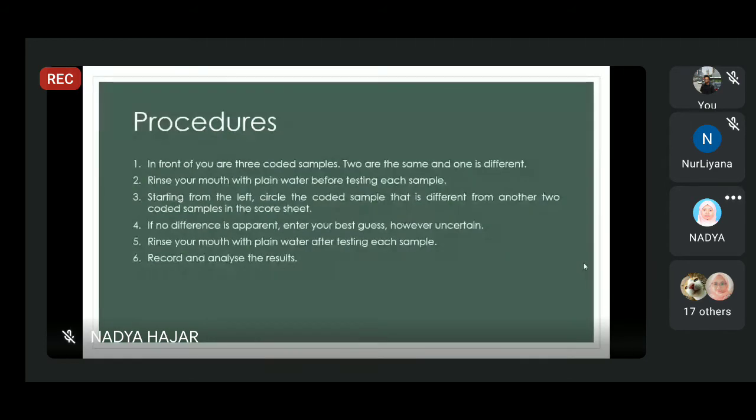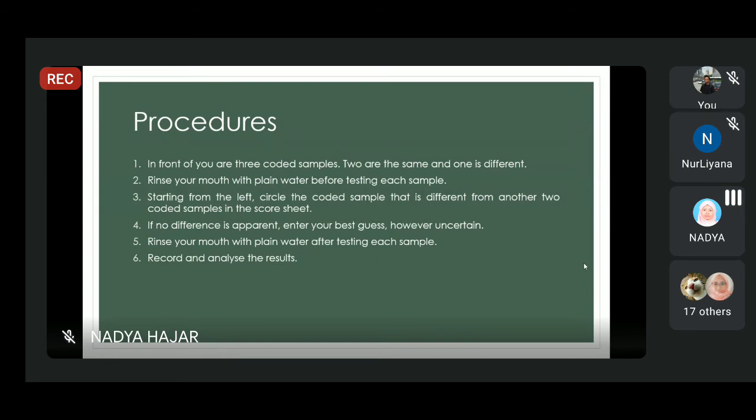Okay, so there are procedures. In front of you are 3 coded samples. 2 are the same and 1 is different. You need to rinse your mouth with plain water before testing each sample. Then starting from the left, circle the coded sample that is different from another 2 coded samples in the score sheet. If no difference is apparent, enter your best guess, however uncertain.